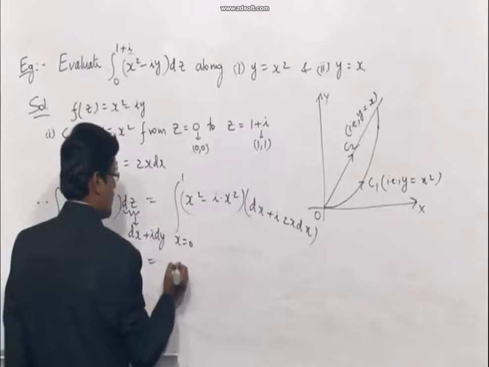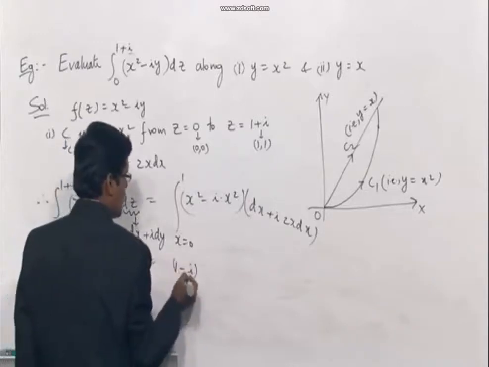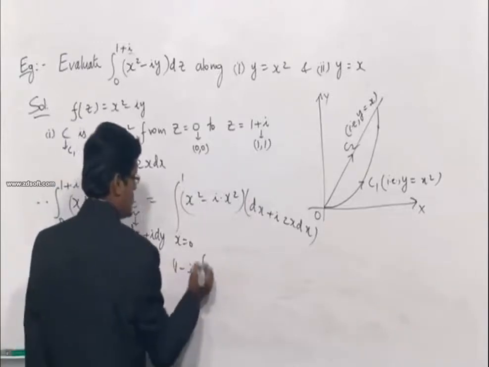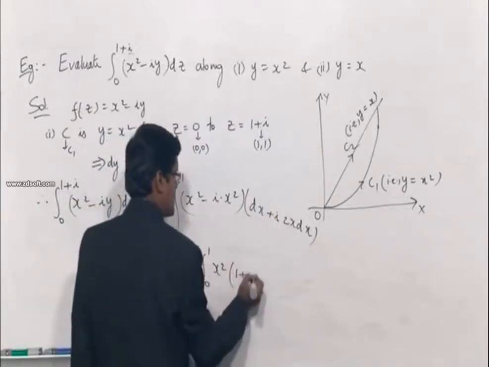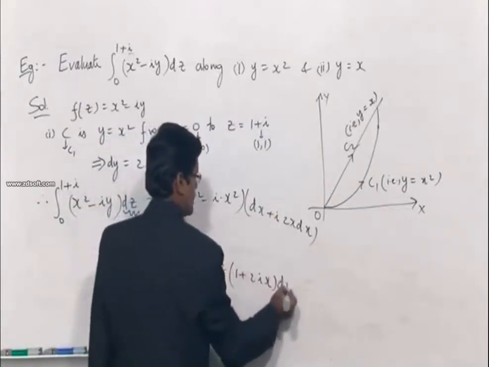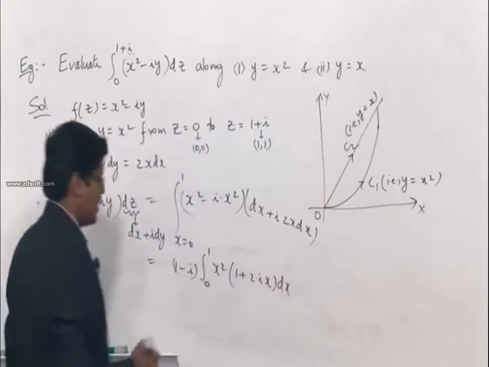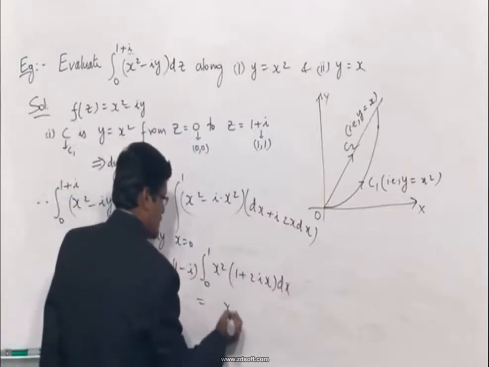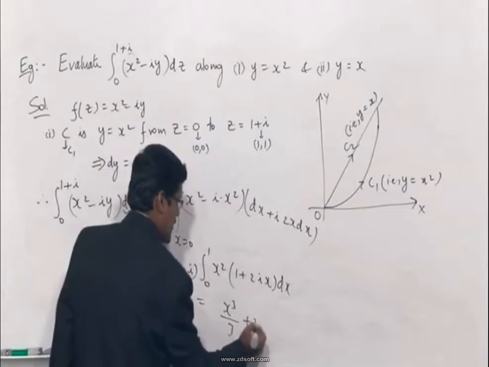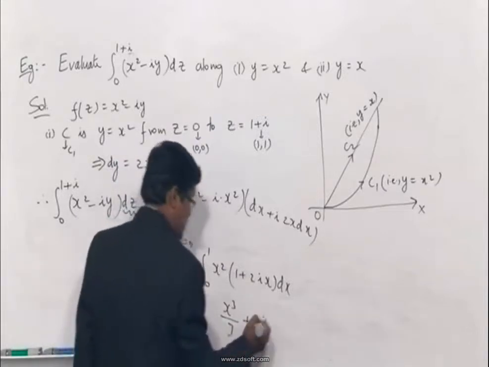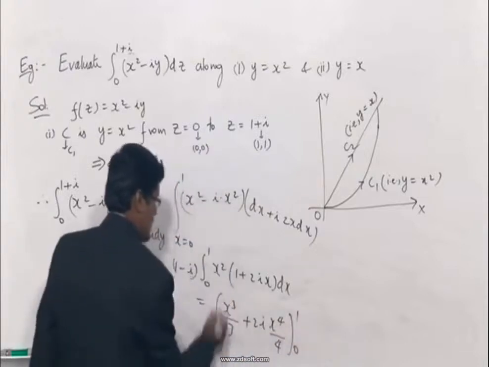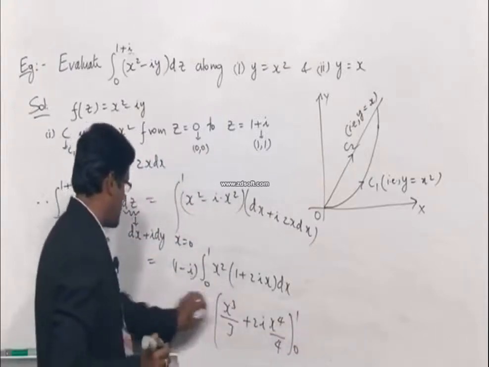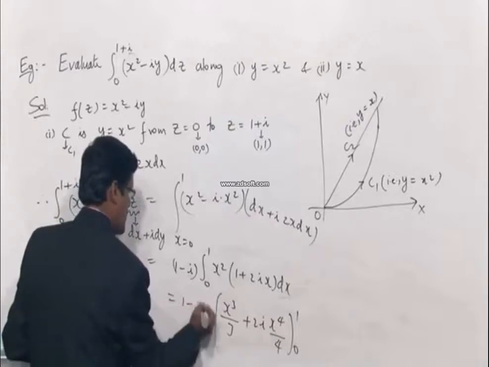And the simplification here: 1 minus i, x square is common, and I kept 1 minus i outside, 0 to 1, dx common, 1 plus 2ix into dx. X square into 1 integration x cube by 3 plus 2i x cube, x square into x cube integration x power 4 by 4, limits 0 to 1, and this is pre-multiplied by 1 minus i.